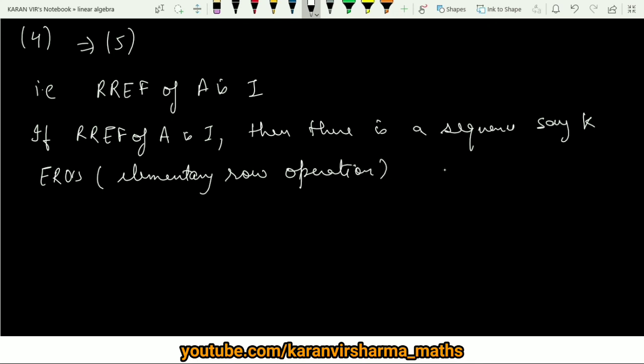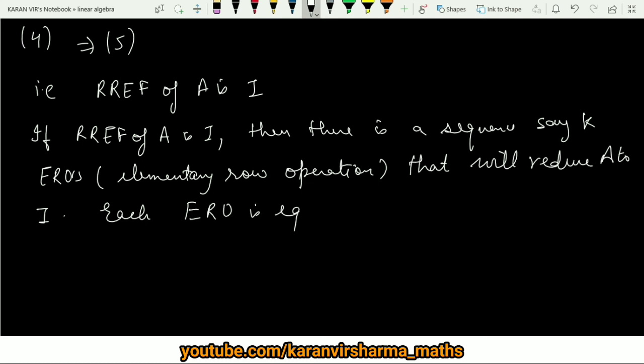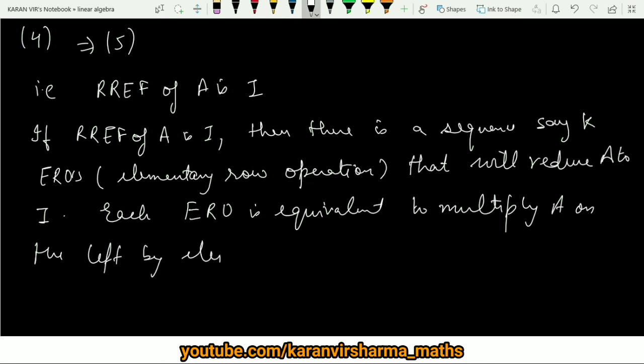So there must be a sequence of K EROs that will reduce A to identity. Correct? So each such ERO is equivalent to multiplying A on the left by an elementary matrix.